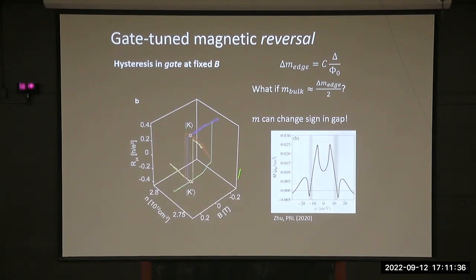So what I'm showing here in a 3D plot is a much more carefully taken data where on this axis is the magnetic field. And what you can see is that you can switch between quantized Hall effects as a function of magnetic field, which makes sense. You have orbital moments and you couple to them with a magnetic field. And as you change the magnetic field, you couple to the K valley or you couple to the K prime valley, and you can switch back and forth, and there's metastable dynamics.